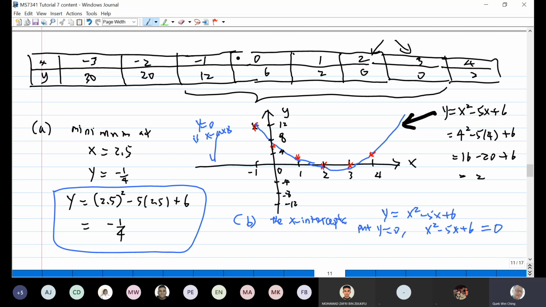So when the graph cuts the x-axis, from the picture you can tell that it cuts at x equal to 2 and x equal to 3. So the answer from the graph is x equal to 2 and x equal to 3.